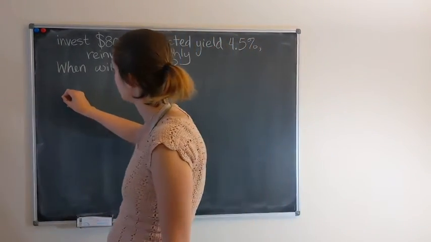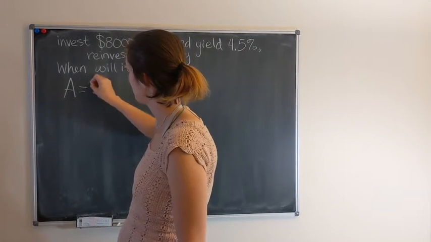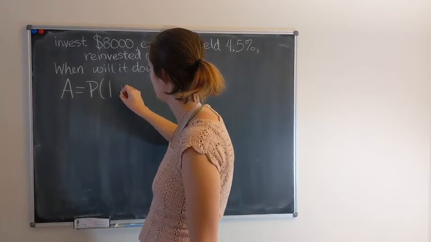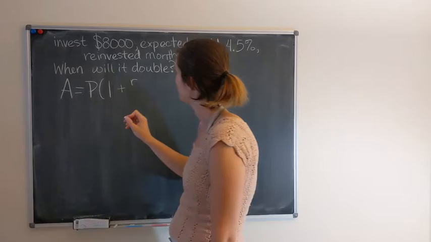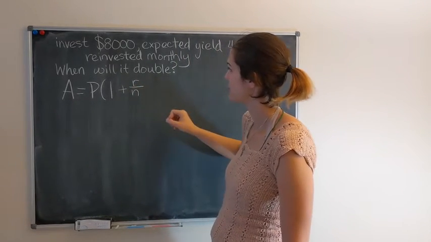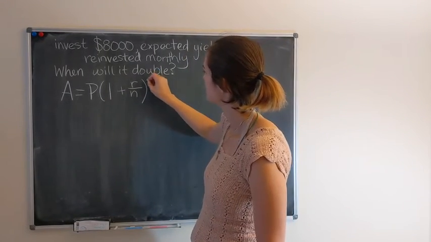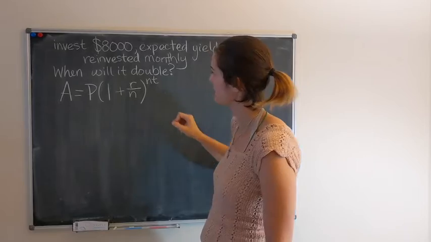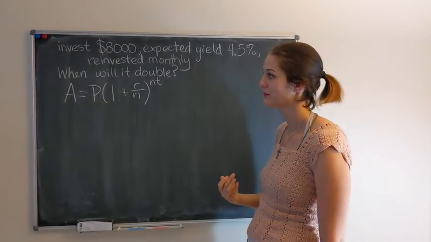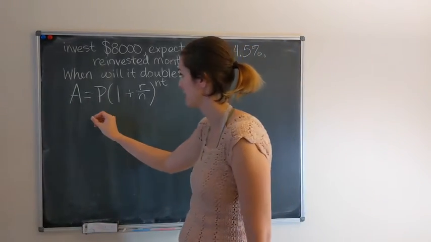That will give us the amount in this account equal to the principal investment times 1 plus the yield rate over the number of times per year this is reinvested into the account, to the power of that number times the number of years that this account is sitting there and gaining extra money.